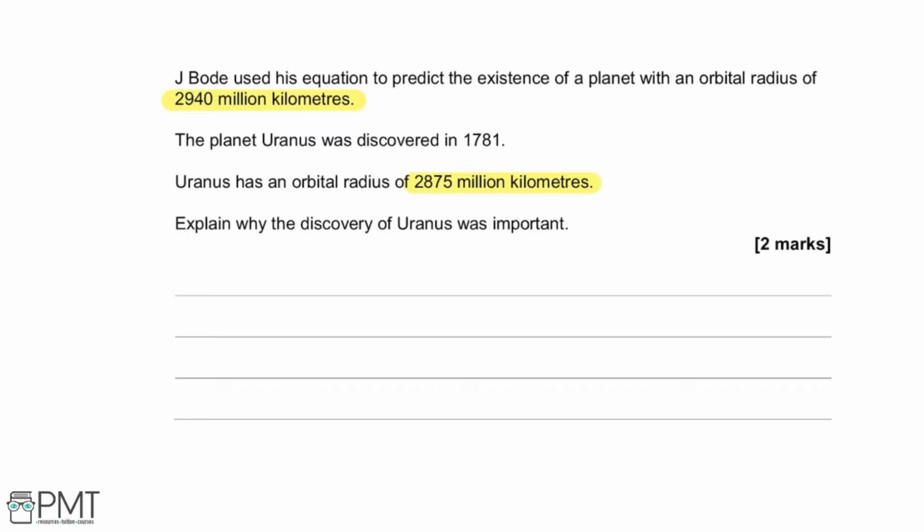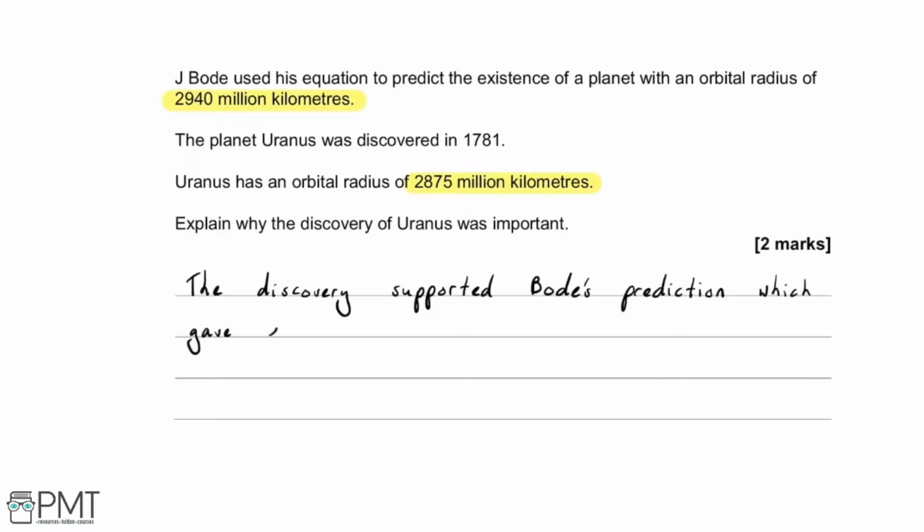And so the reason that this discovery was important is because the discovery supported Bode's prediction, just like in the last question, where even though they weren't exact values, they were very close. This is the same: it's not exactly right, but it's so close that it does support it anyway. And so that gave evidence that his equation was correct.